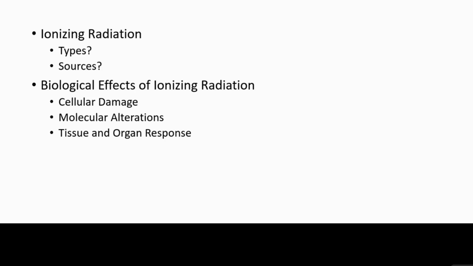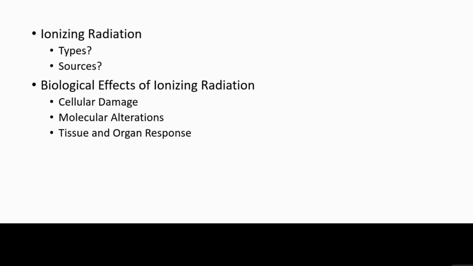The types of ionizing radiation that we were introduced to last semester in 532 are X-rays, gamma rays, alpha particles, beta particles, neutrons, and so on. As for the sources, there are many different types, from cosmic radiation, natural background, medical imaging or therapy modalities, the nuclear industry, scientific research, and so on.